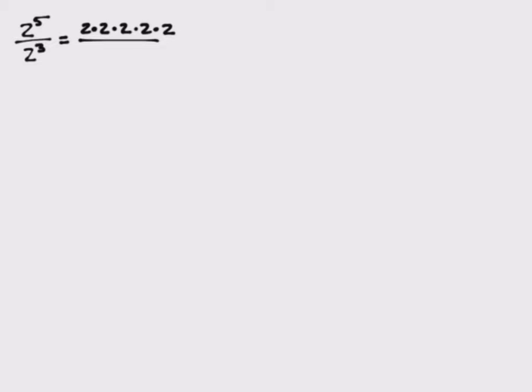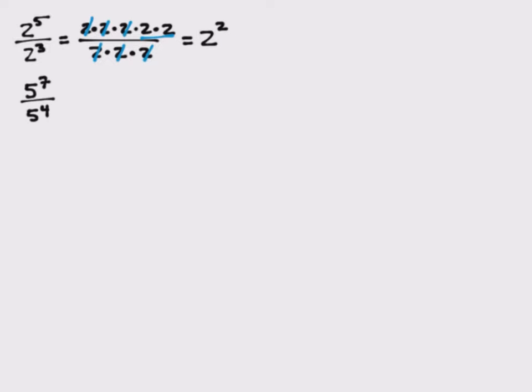And 2 to the 3rd power is 2 times 2 times 2. And now we've got this fraction with a whole bunch of 2's in our numerator and our denominator, and we can do some canceling out, if you will. I think this 2 and this 2 cancel out, this 2 and this 2 cancel out, this 2 and this 2 cancel out, and we are left with just 2 2's for a grand total of 2 to the 2nd power.